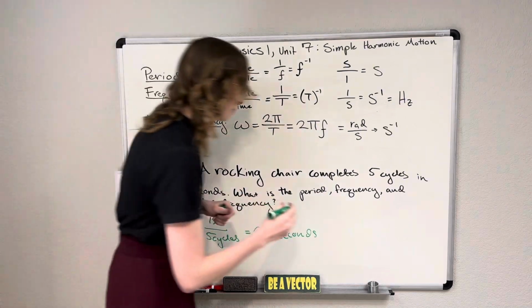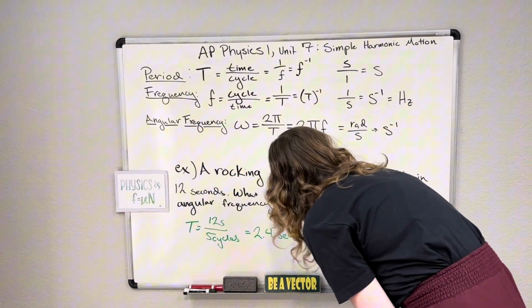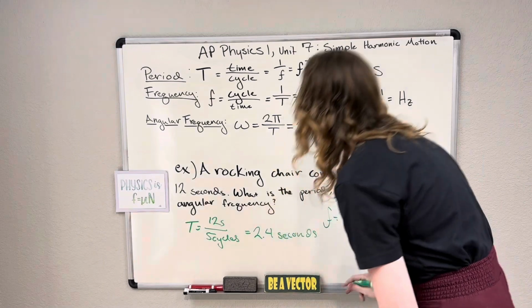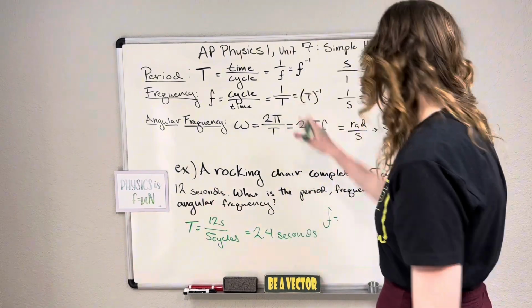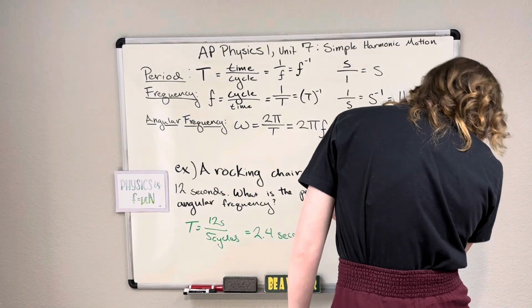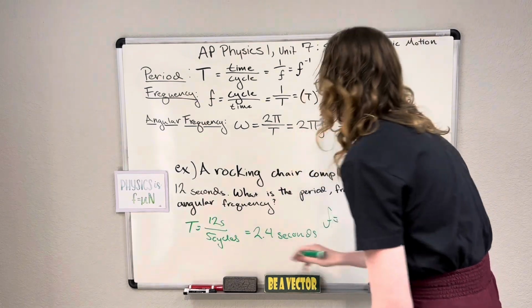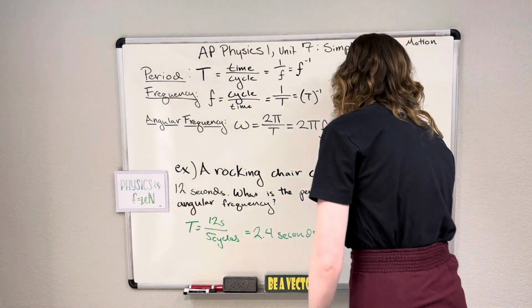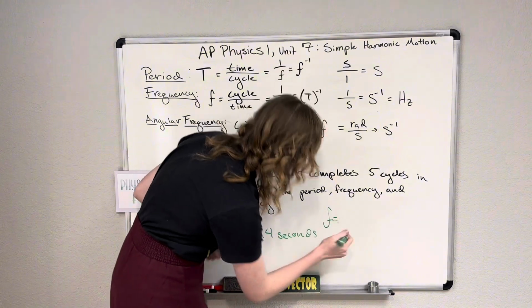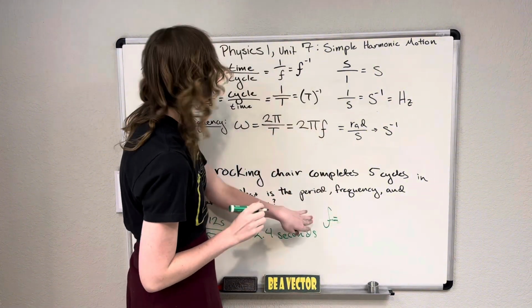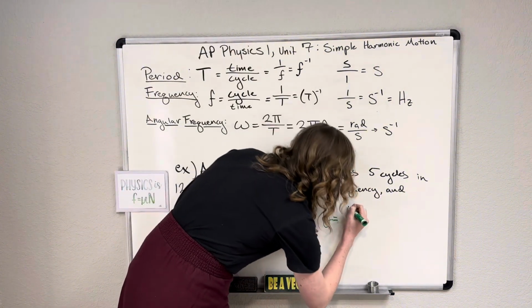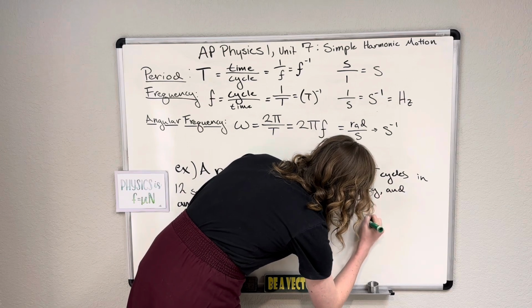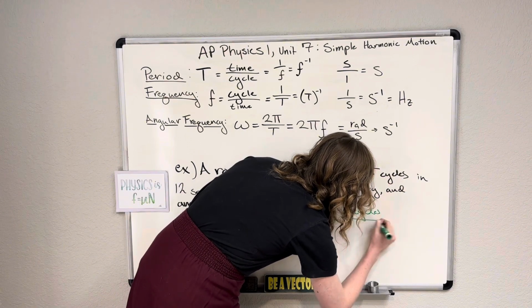What about our frequency? Well, there are a few different ways we could calculate this. We could say, well, our frequency is just equal to 1 divided by our period. We could also say it's equal to our number of cycles divided by our time. Both will give us the same answer. Goodness, that's terrible handwriting. Our frequency is equal to our cycles. We completed 5 cycles in 12 seconds.